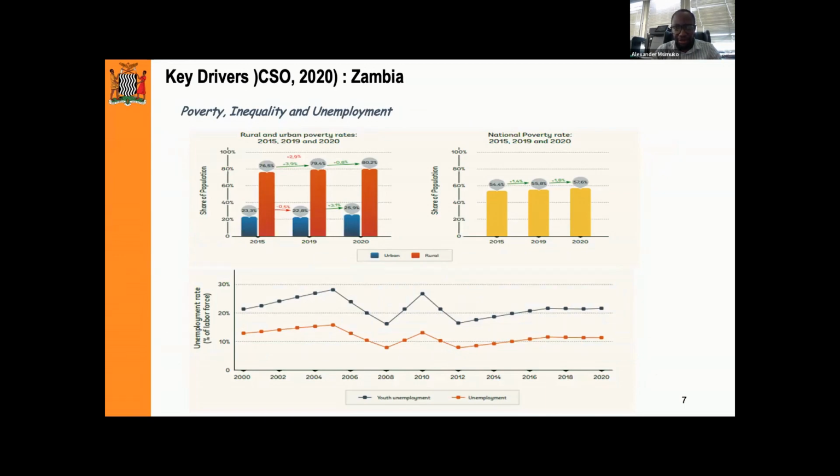If you're looking at it from the Zambia perspective, you will see that there has been an increase in vulnerability levels, attributed to poverty, inequality, and unemployment in Zambia. This is according to CSO records. So this increased vulnerability actually increased the level of food insecurity in the region.